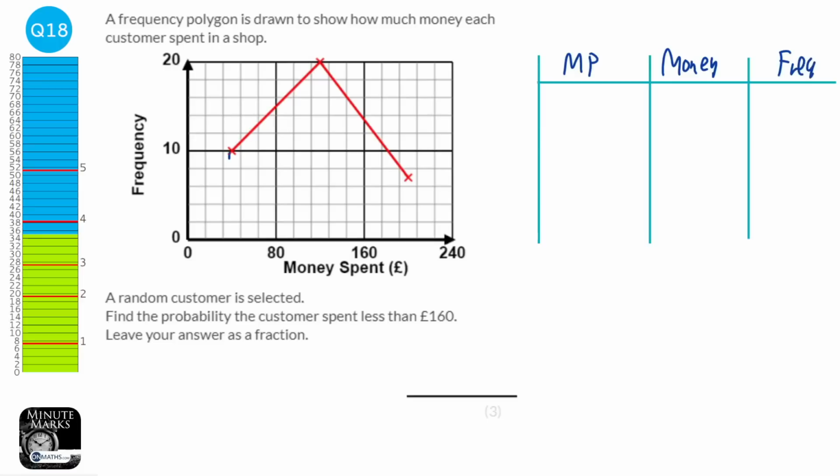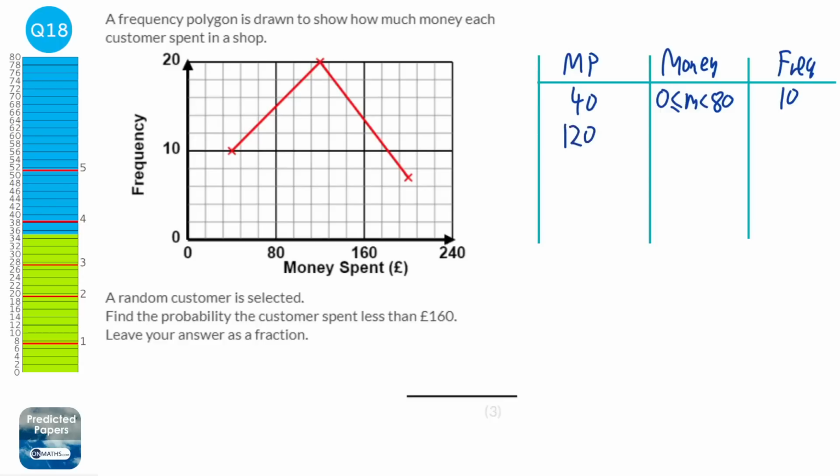So the first midpoint is at 40, and we can see here that that was in this group here. So that is 0, and I'm just going to use M for money, 0 to 80, and the frequency is how high it is, which is 10. The next midpoint is here, so that was going to be 120.